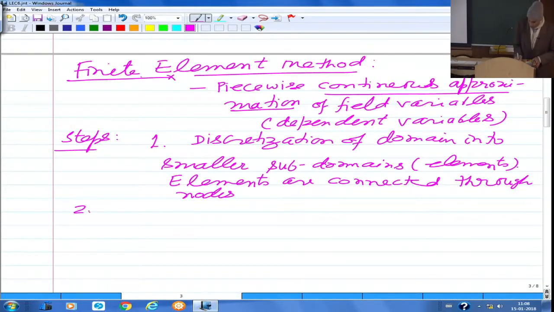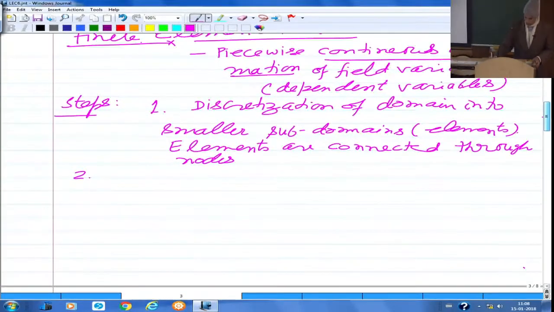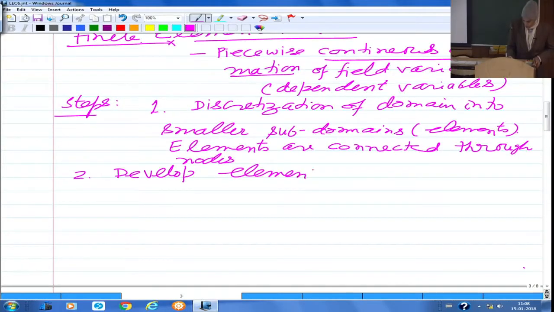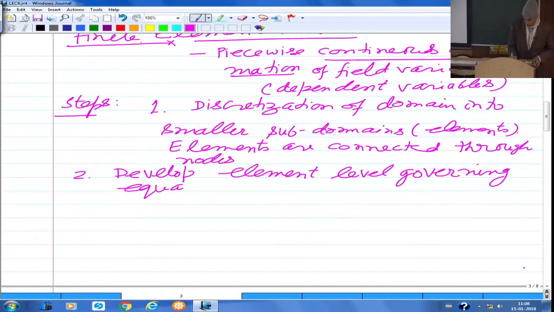So that's the first thing, and once you do this, then the next is we have to develop the equations governing the unknown constants in the approximate solution within the element. So we call this step develop element level governing equations. These are actually algebraic equations. That's the second step.